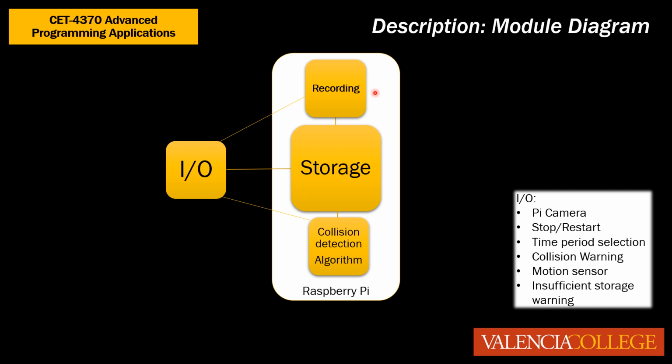That means the Raspberry Pi can still be on even though there's no recording happening. And there must also be something to tell the user that the recording is stopped. So that will be the input and output characteristics of this project.